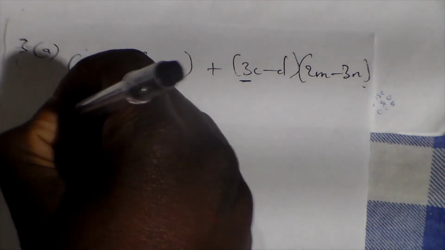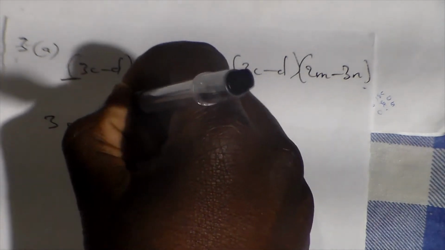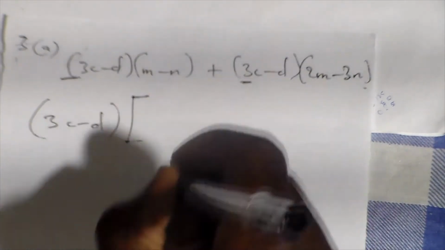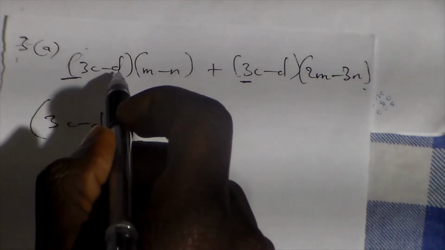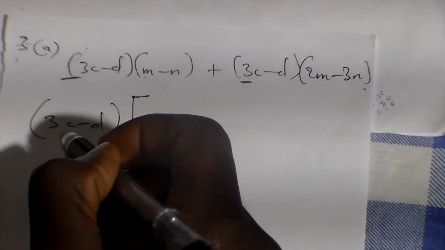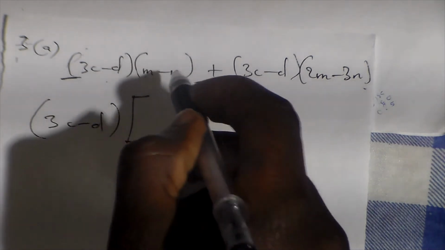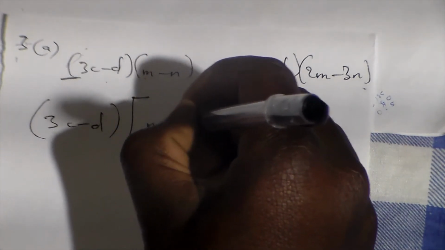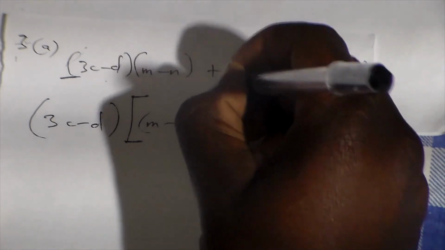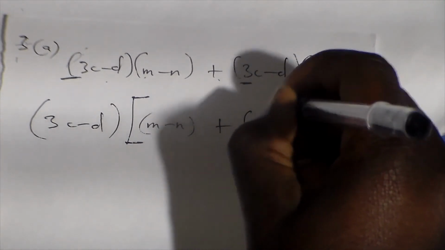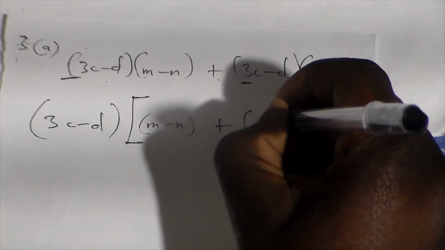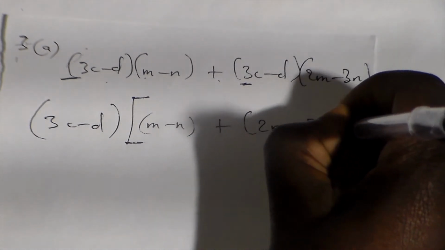So what we do here is we factor out 3c minus d instead of getting to the tiresome method of expanding these brackets. We just factor out. If we factor out here, we are left with m minus n. The plus sign, we still maintain. And then here, if we factor out, we are left with 2m minus 3n.